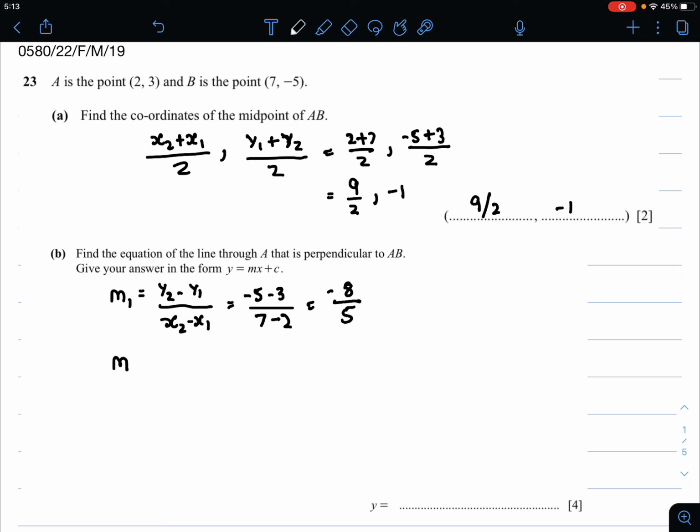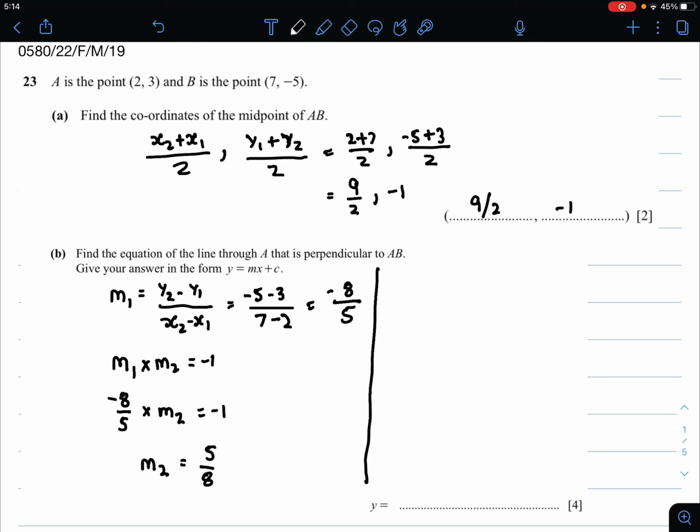Now to find the gradient of the perpendicular line, you use the formula m1 multiplied by m2 is equal to negative 1. So we know the value for m1, which is negative 8 by 5 multiplied by m2 is equal to negative 1. So what this basically means is that you're taking the negative reciprocal of your original gradient. So your final answer for m2 would be simply 5 divided by 8.